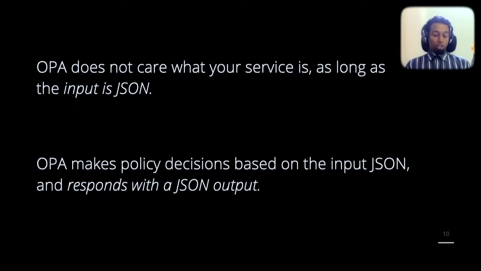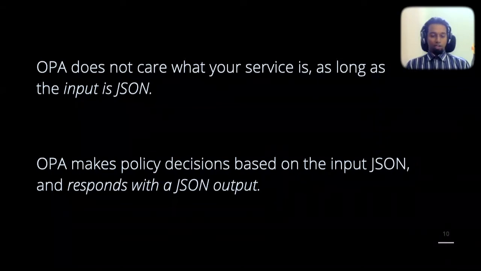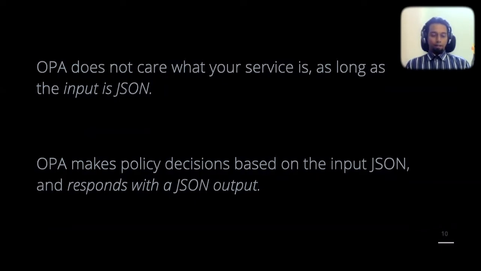So OPA doesn't care whether your service is Kubernetes or XYZ, as long as you can send JSON input to OPA, OPA can make policy decisions based on a given policy, and then respond back with a JSON object, which in our case simply happens to be allow equal to true or false.